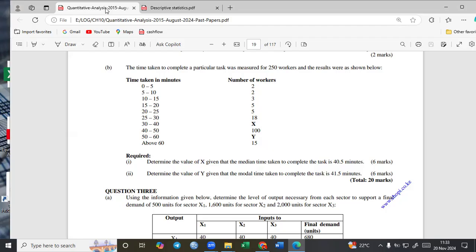Then you need to come up with a frequency. Then cumulative frequency.